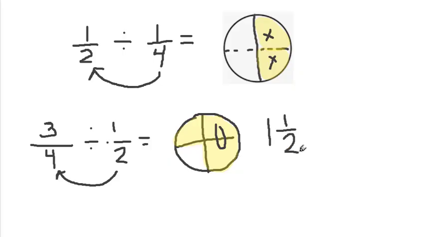Let's do it with our algorithm by keeping it and then changing it to multiplication and see what we come up with. 3/4, change it to multiplication, flip it, and multiply. So we have 6 over 4, which is the same as 6 divided by 4.